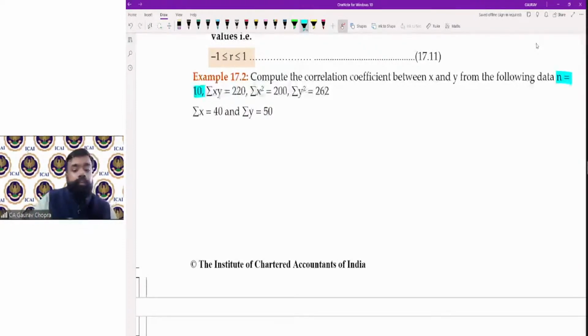Sigma xy, sigma x square, sigma y square, sigma x, and sigma y. ये सारी वैल्यूज आपको दे रखी है। Now according to these values आपको ये डिसाइड करना है which formula is applicable, and accordingly you can apply. जो भी फॉर्मूला आपके अकॉर्डिंग लग रहा है उसका आप यूज कर सकते हैं.